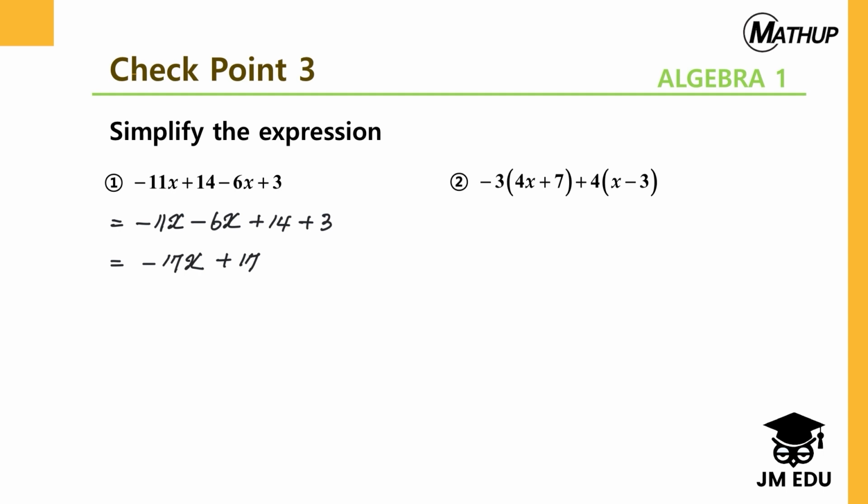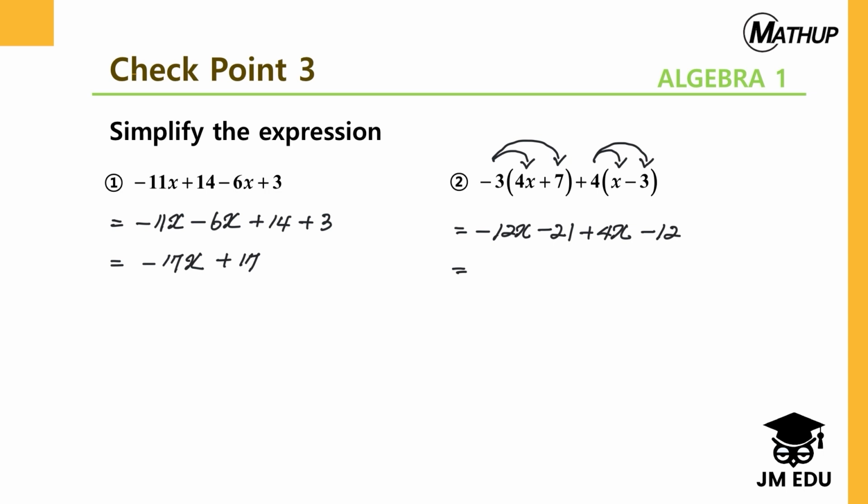For number 2, if we have a parenthesis, then we need to solve the parenthesis using the distributive property. So negative 3 times 4x, that's negative 12x. Negative 3 times positive 7, that's negative 21. Plus 4 times x, plus 4x. 4 times negative 3, that's minus 12.